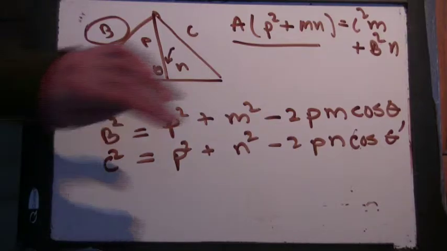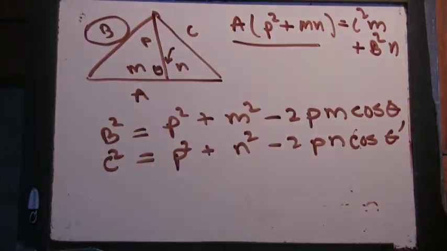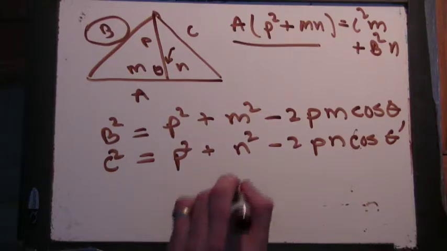Like, cosine theta and cosine 180 minus theta add up to cosine of 180. What? No, wait. That's not true. It's definitely not true. Cosine 180 minus theta is negative cosine theta. Okay, so there you go.